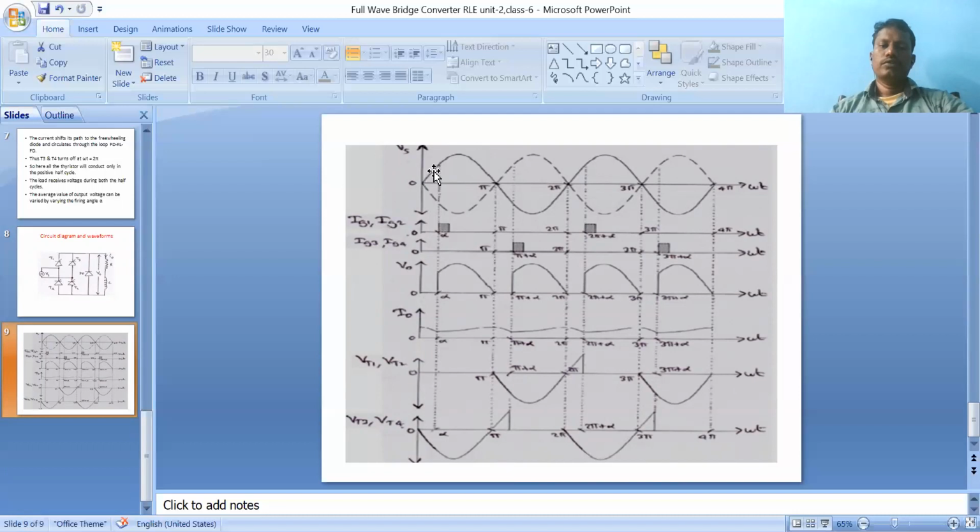Once the supply voltage ends the positive half cycle, automatically the negative half cycle starts. Once the negative half cycle starts, the inductor doesn't allow sudden changes in current.